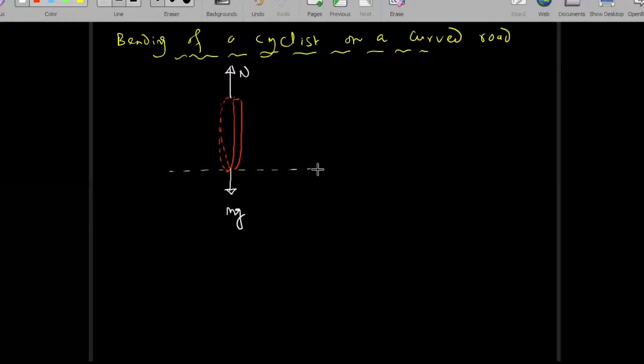But if the same cyclist on the same road is bending by some margin, like I'm taking this as the vertical axis, this is y axis, and now the wheels are like this.